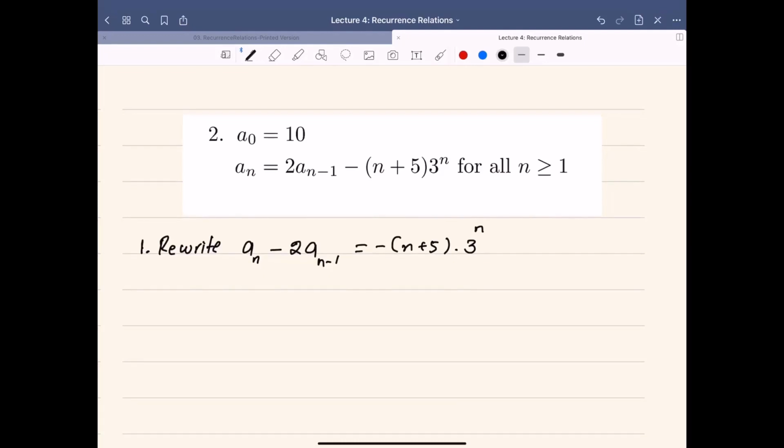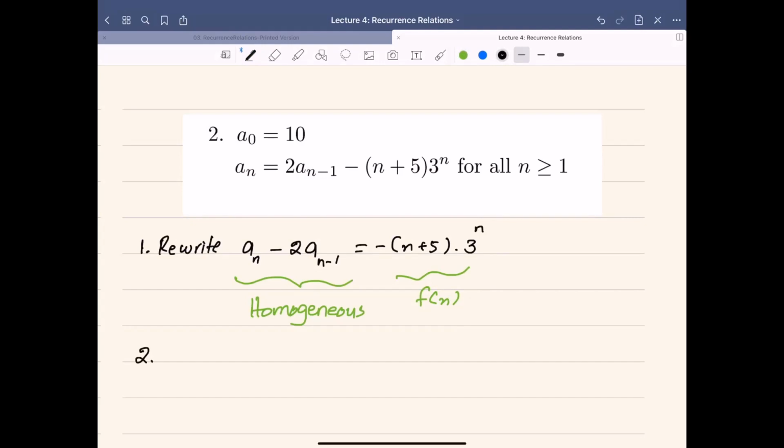So the recurrence relation is divided into two parts. This is the homogeneous part, and this is the function f of n. And see the function, it's a polynomial multiplied by exponential.